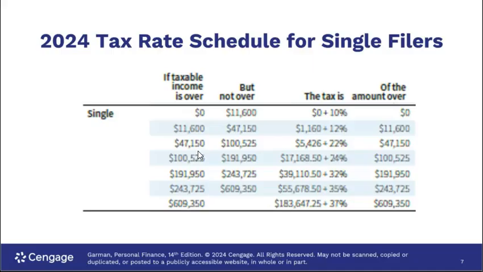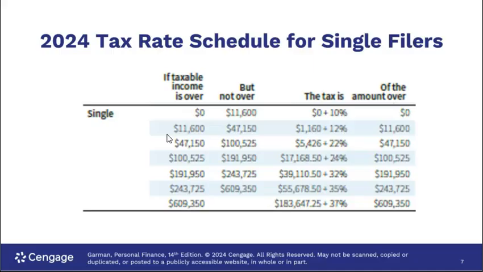We're pretty much just concerned with single, married filing jointly, and separately. So anyway, if you notice, the brackets are higher. And we'll talk about that as we go forward.